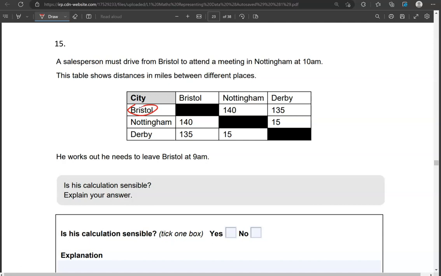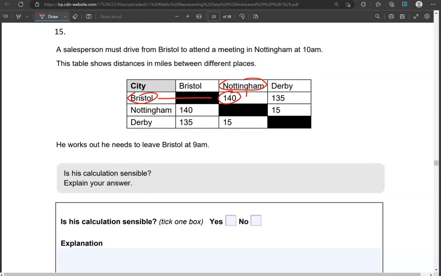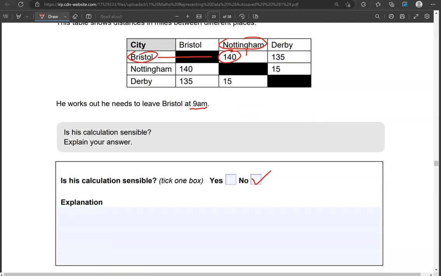So Bristol to Nottingham, that is 140 miles, and he leaves Bristol at 9 a.m. to arrive at 10 a.m, so within 1 hour. This is not sensible because he will need to do 140 miles an hour, which is outside of any speed limit, even on the motorway.